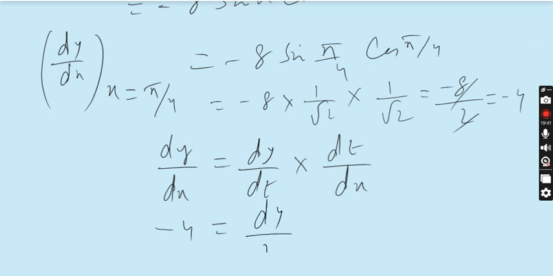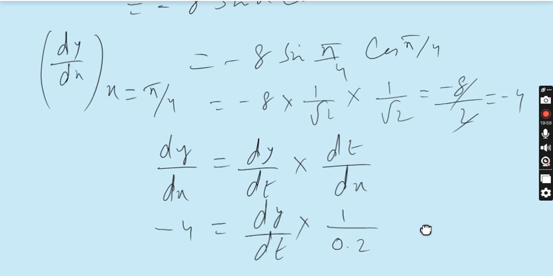dy by dt you have to find. dx by dt is given in the question as 0.2, but you have to write dt upon dx, so the reciprocal of 0.2 is 1 upon 0.2.